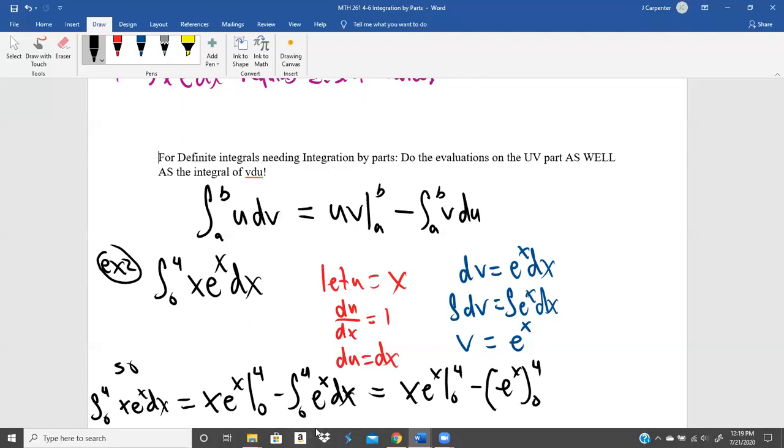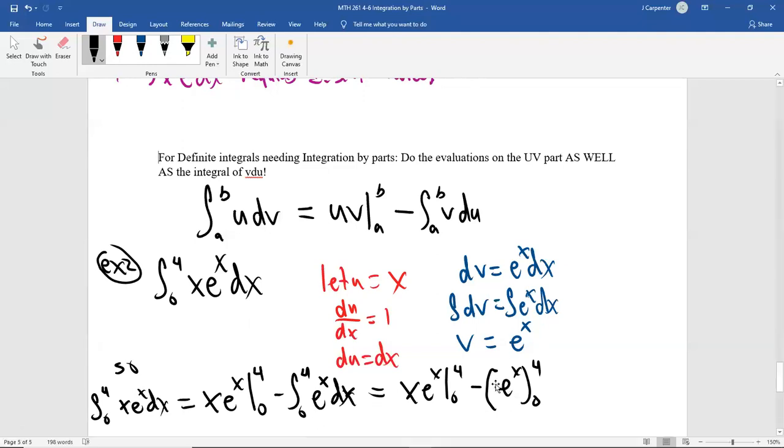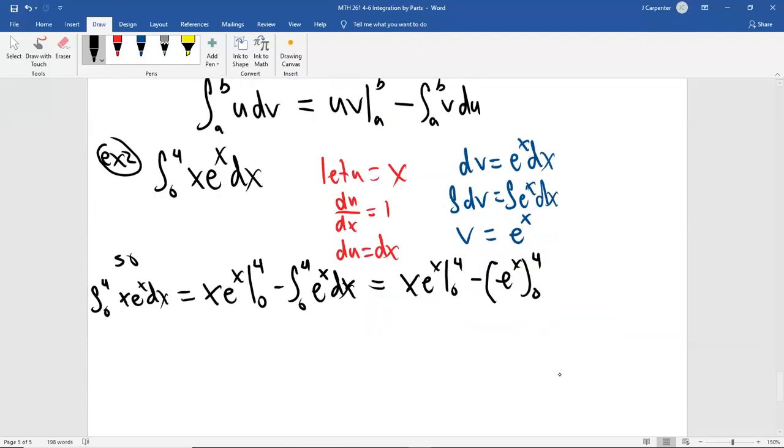You might say you don't need that parentheses, but I have a feeling a lot of people will mess up their signs moving forward if they don't put that parentheses there. Okay, evaluated between 0 and 4. So let's plug in 4 and 0 to the x e to the x. When I plug in the 4s, I'll do it in red. When I plug in the 0s, I'll do it in blue.